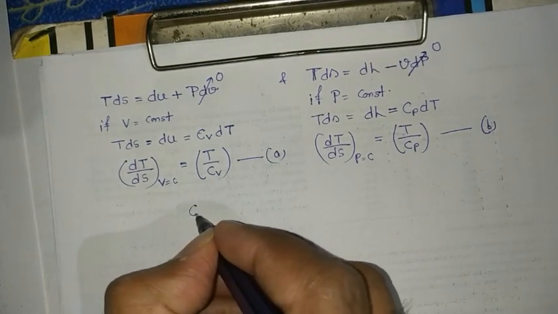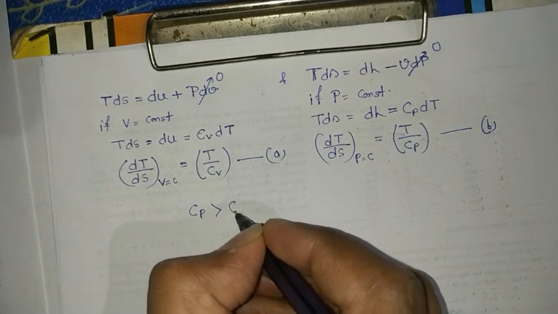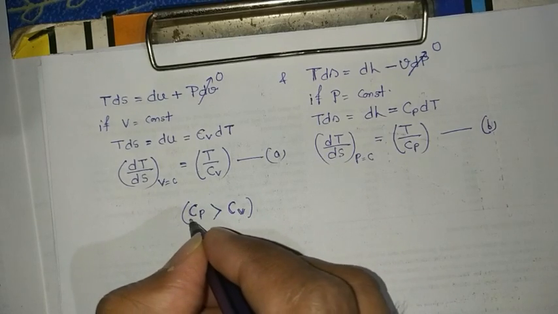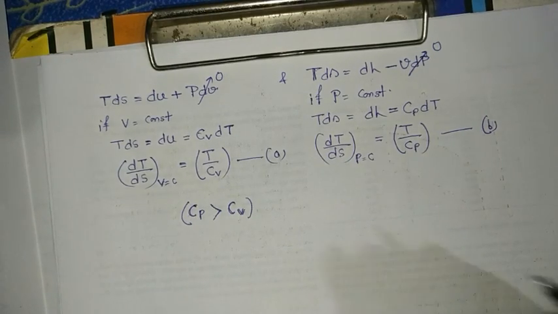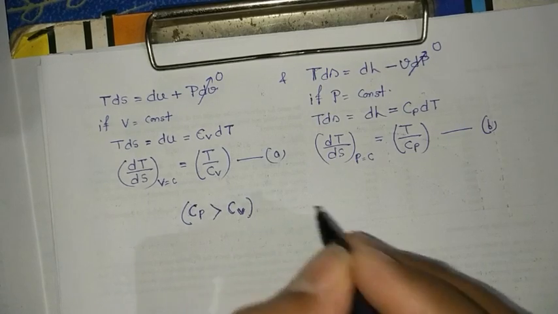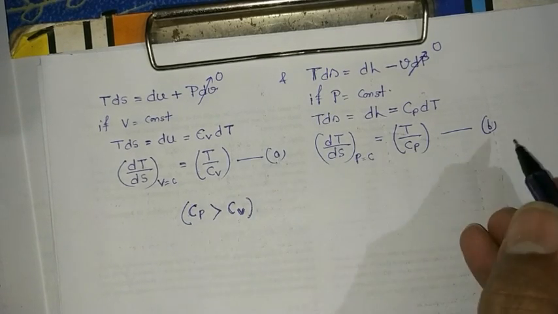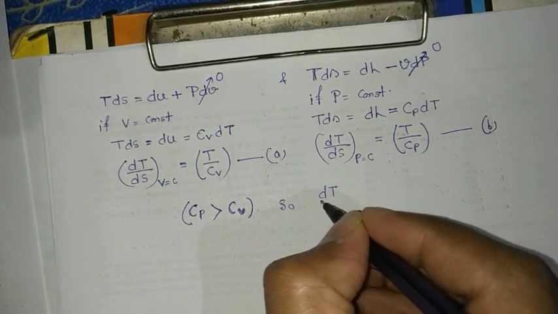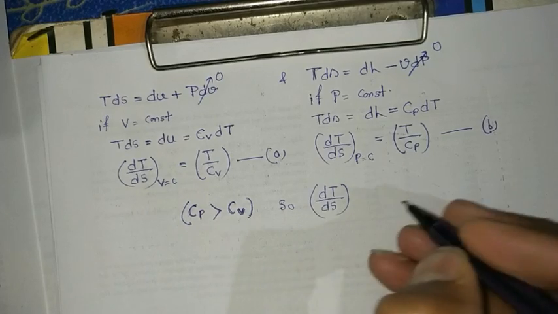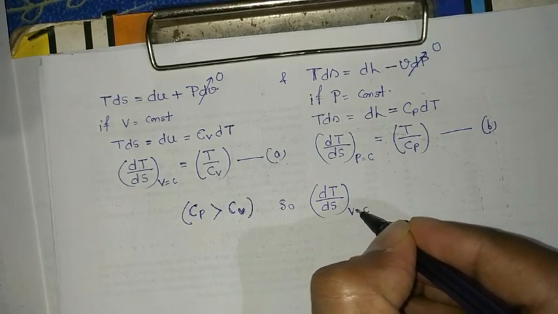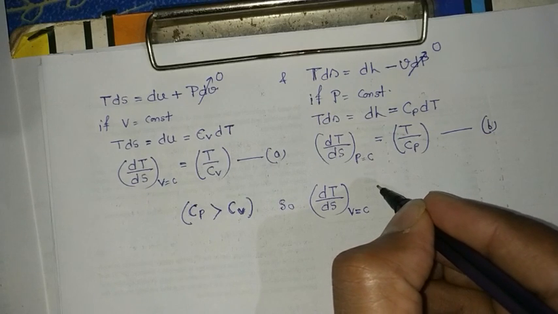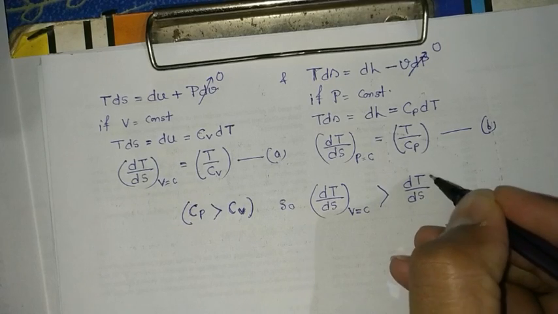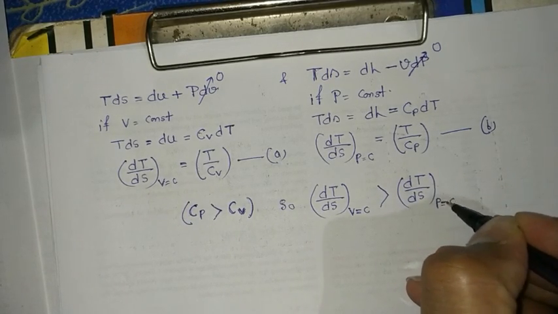We know that Cp is always greater than Cv. We have discussed this in class lectures, that the value of Cp is always greater than Cv. The reason for this you all know. So from equations A and B we can conclude that dT over dS at constant volume will be greater than dT over dS at constant pressure.